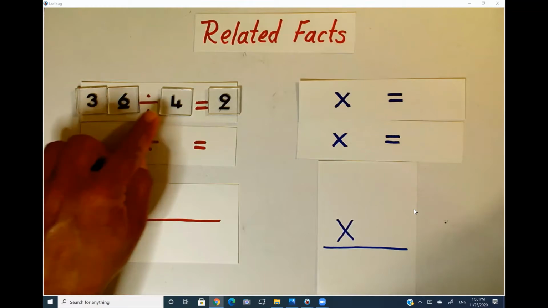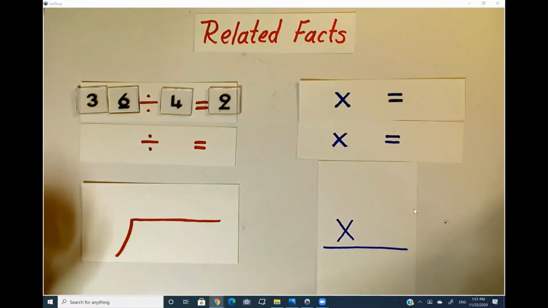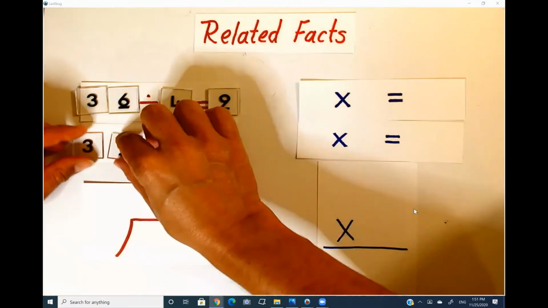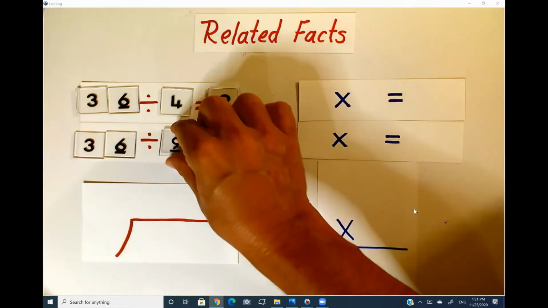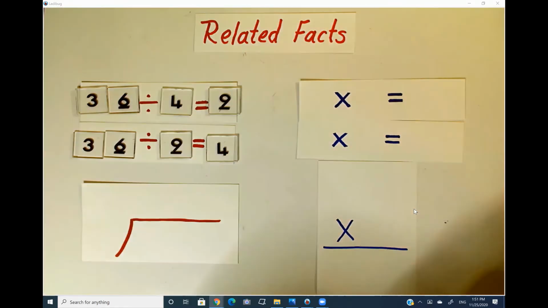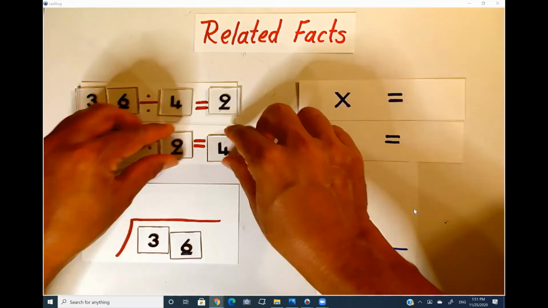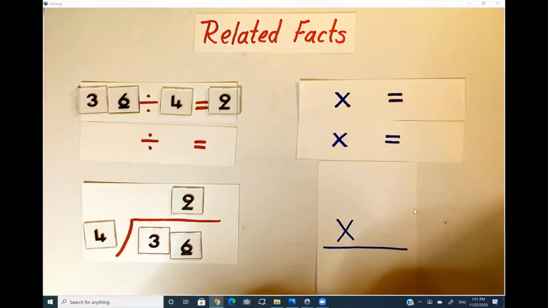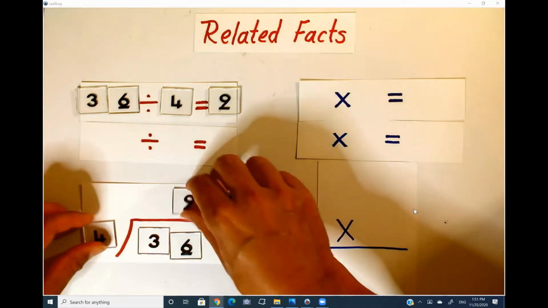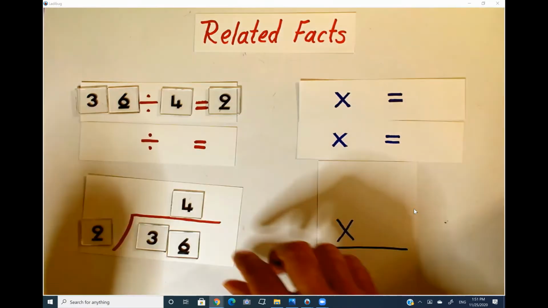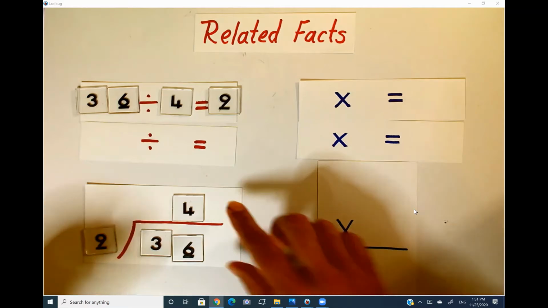36 divided by 4 equals 9, which is going to be the same as 36 divided by 9 equals 4. We can see the same if we use the division bracket. 36 divided by 4 is 9, or 36 divided by 9 is 4. So either way it works. The same happens in multiplication.